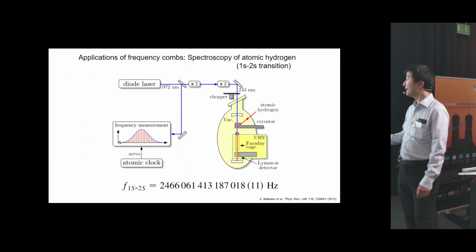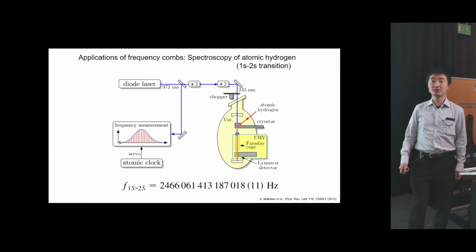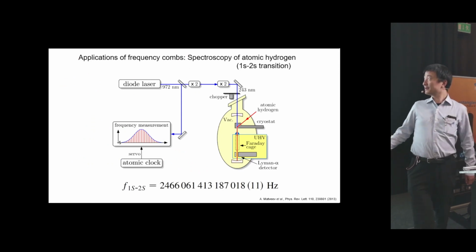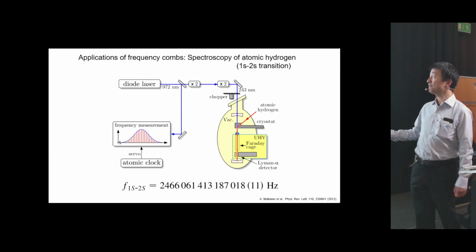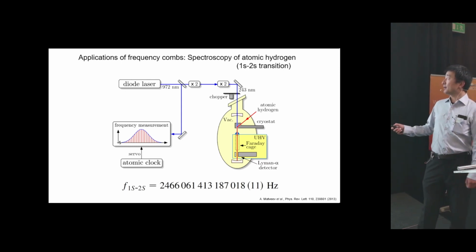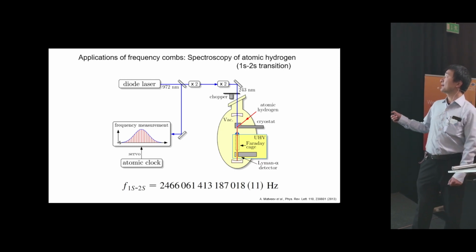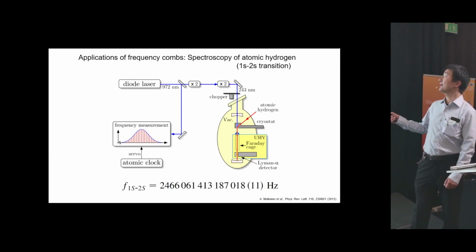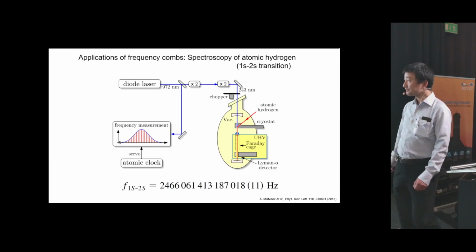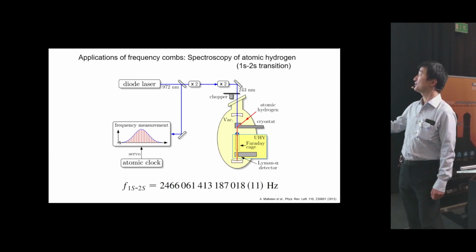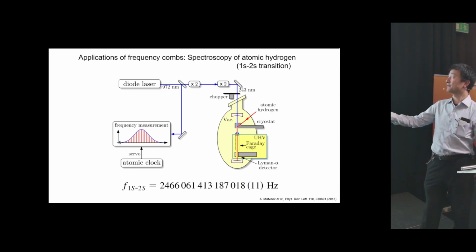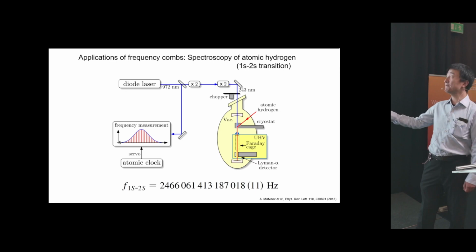So let me explain one typical application of optical frequency combs. This is the experimental apparatus for precision spectroscopy in our team. In this experiment, we measure the transition frequency of atomic hydrogen, especially the 1S-2S transition. We have a spectroscopy laser to drive this transition that's derived from a diode laser at infrared. We take a frequency doubling twice to make it UV.